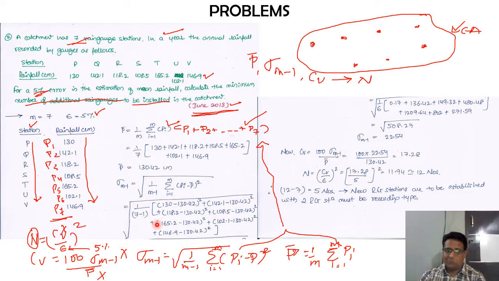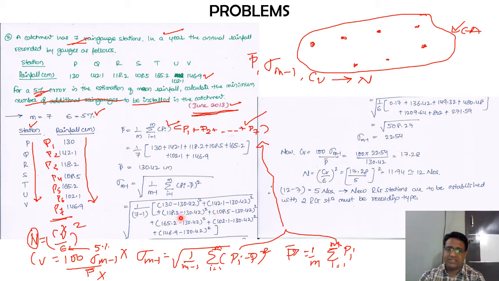So whatever the calculation is there, everything will be under root as it is shown over here. Okay. So next step for this, better, as I said, you please calculate it each bracket wise or each term wise, so that the chances of getting the error will be less over here. Okay. Having done the same thing, 1 by 6 into bracket 0.17, that is 130 minus 130.42 square, that is minus 0.42 square, it is going to be 0.17.